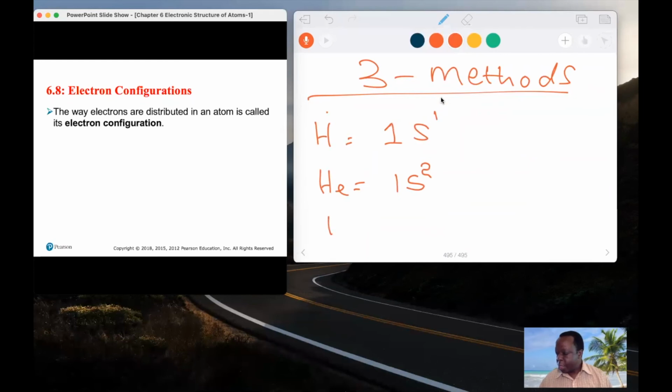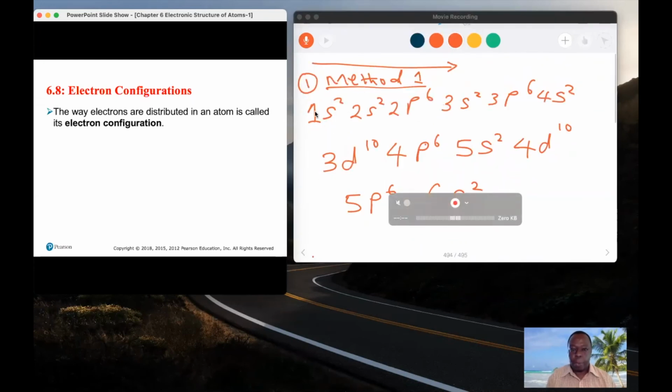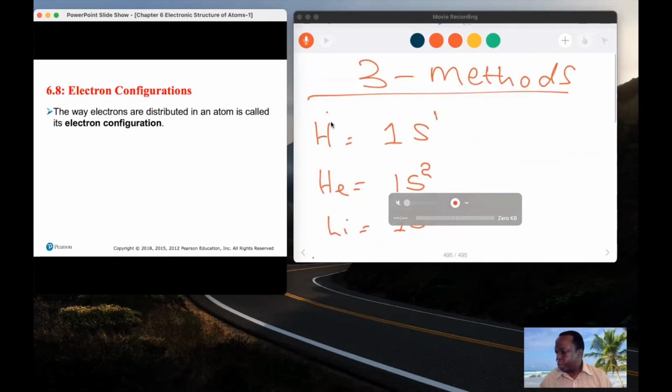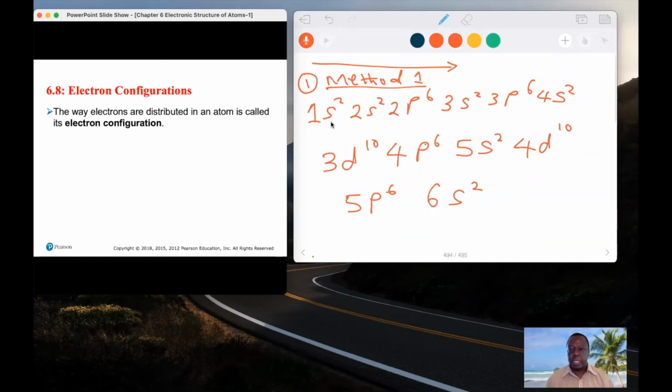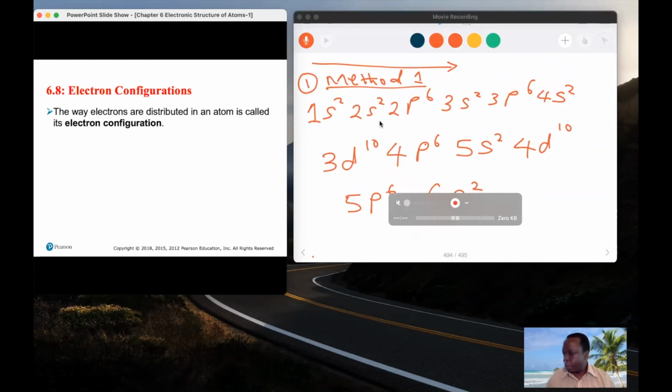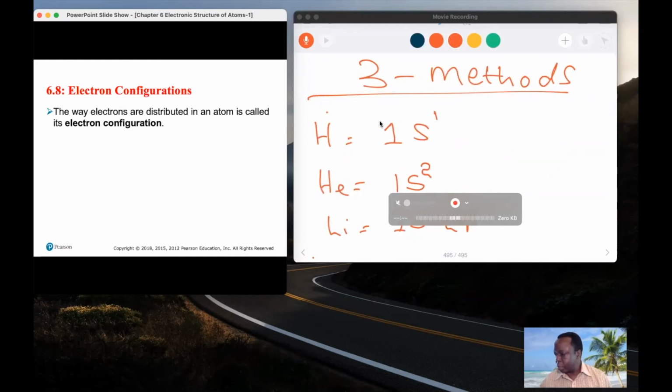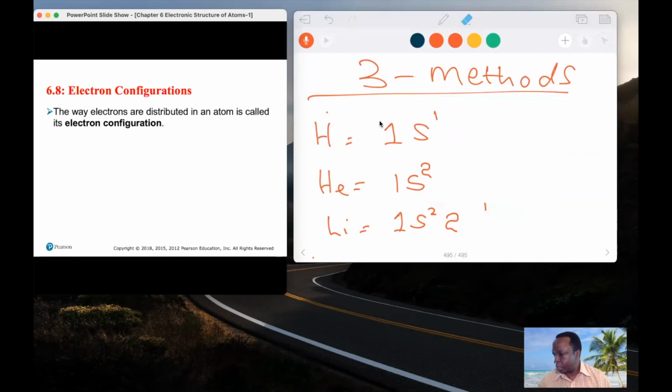If you look at lithium, this is 1s2, 2s1, not 2s2, because lithium is number 3. This is number 1, this is number 2, this is number 3 on the periodic table.